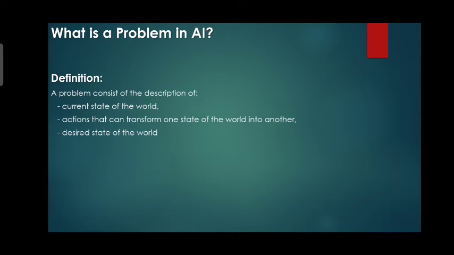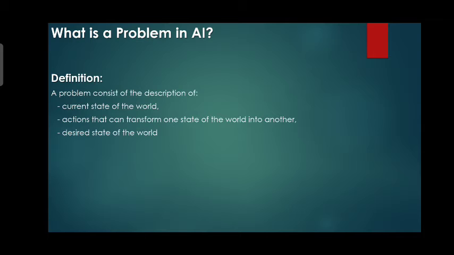Okay, so a definition of a problem. What is a problem? A problem consists of a description of the current state of the world, here meant as the current scenario, in other words your surroundings. It may not be the actual world that we are living in, but it may be a small room, a house, or, let's say, a software environment.